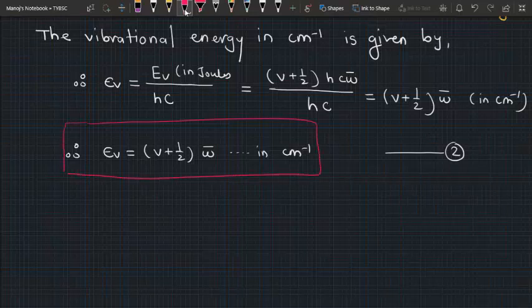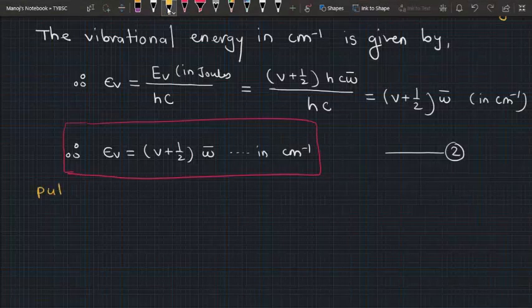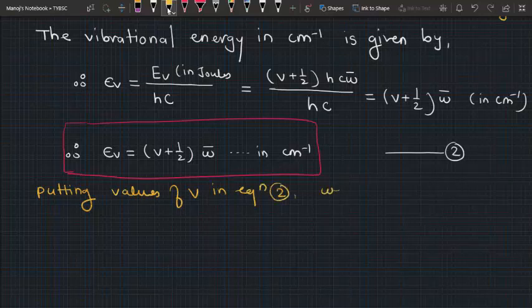Now let us put the values of v in the above equation, in equation 2.